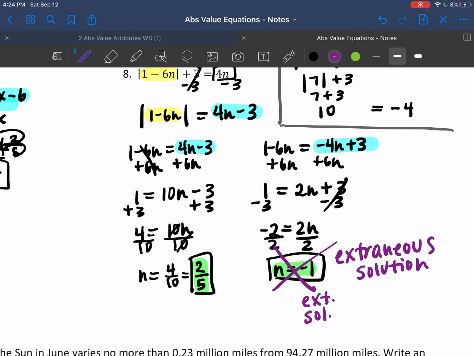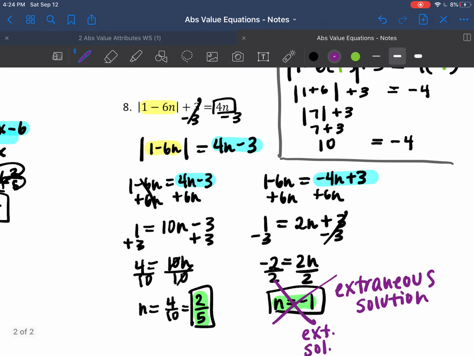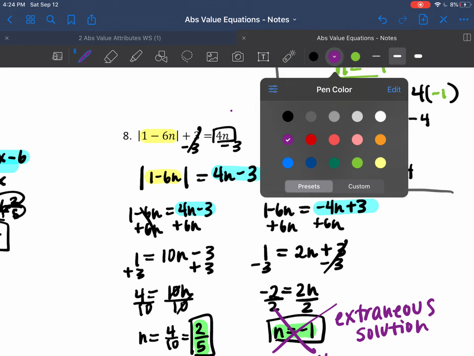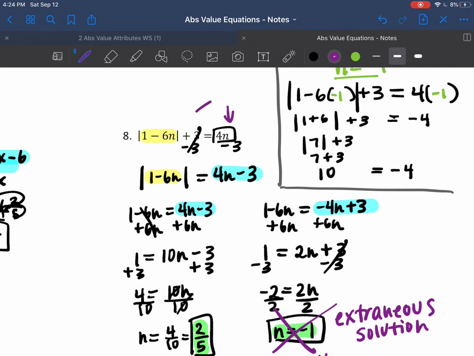And so extraneous solutions are solutions that you get from doing all of the algebra, but when you plug it back in, it doesn't work. Okay, that happens with these absolute value bars that have a variable on both sides. Because what's happening is on the right-hand side, this 4n, it's a line with slope of 4, while on the left-hand side, we have an absolute value.